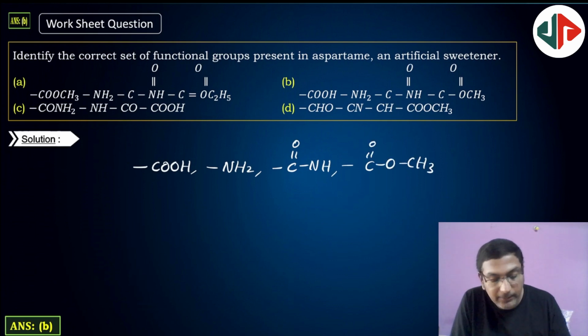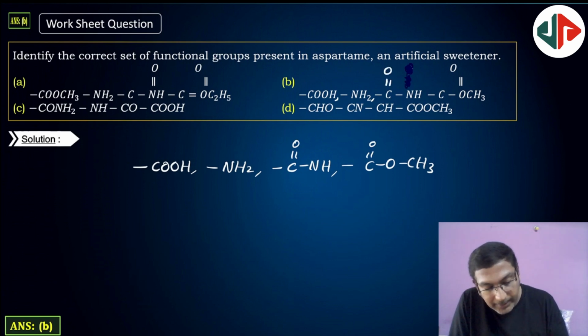This is the order. Here it is given wrongly: COOH, comma, NH2, comma, CONH, C double bond O NH, comma. So here also it is the same.